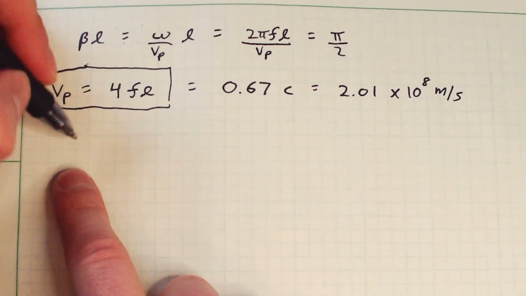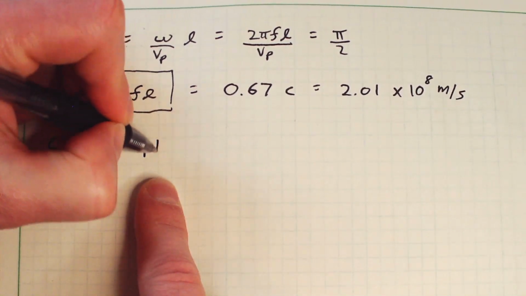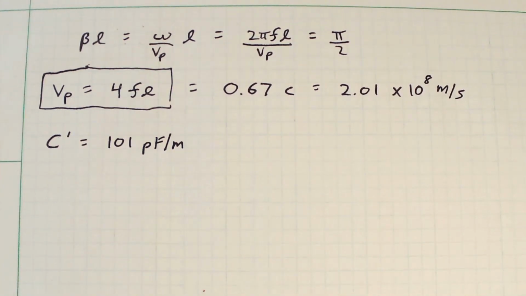So remember also that the characteristic capacitance was C prime equal to 101 picofarad per meter.